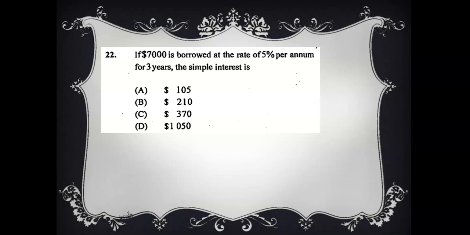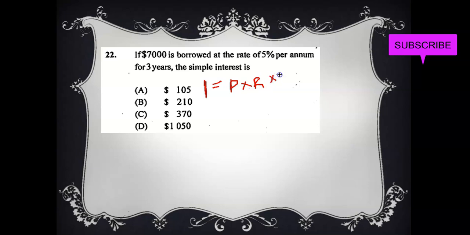If $7,000 is borrowed at the rate of 5% per annum for 3 years, the simple interest is, and I know you know that simple interest is SI equals P times R times T over 100.